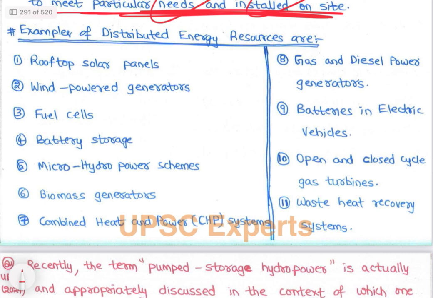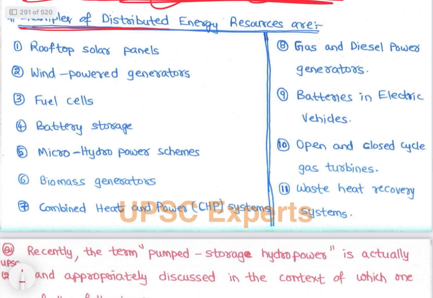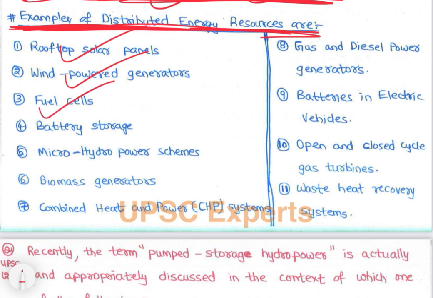So examples of distributed energy resources are rooftop solar panels, wind powered generation, fuel cells, hydrogen fuel cells, small fuel cells.